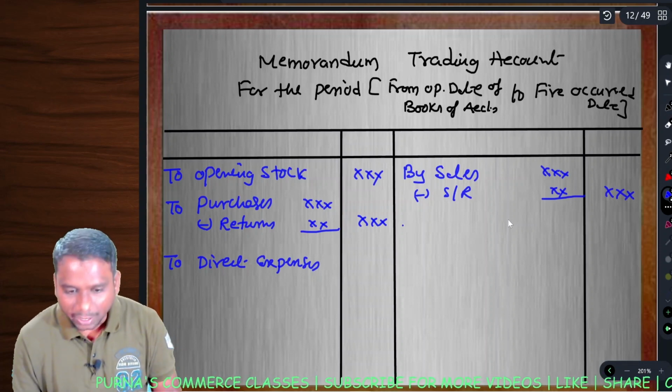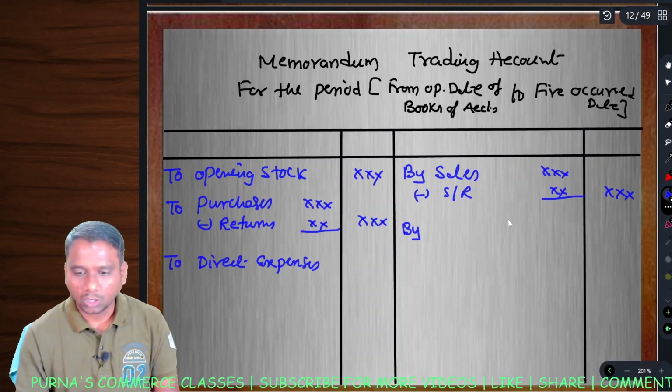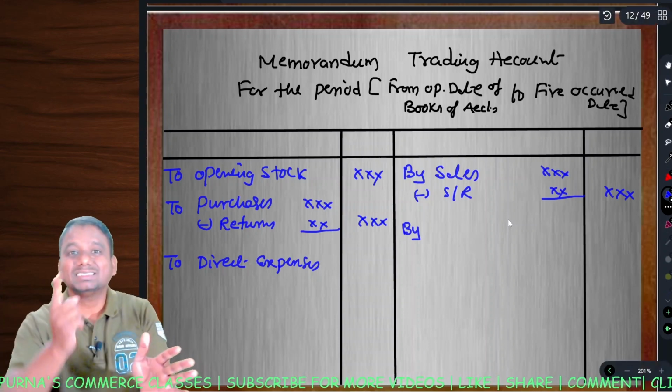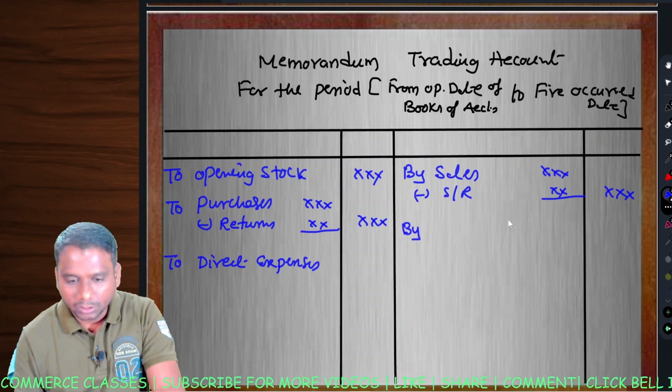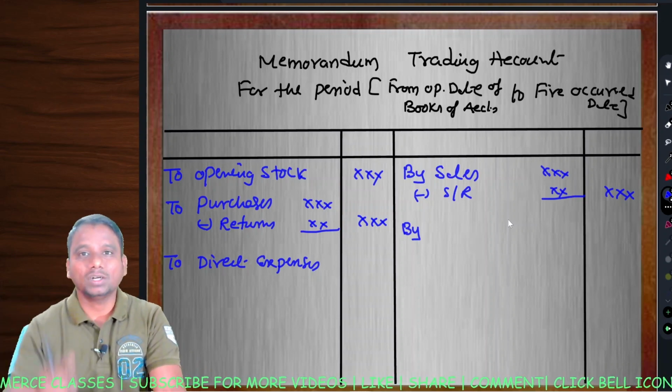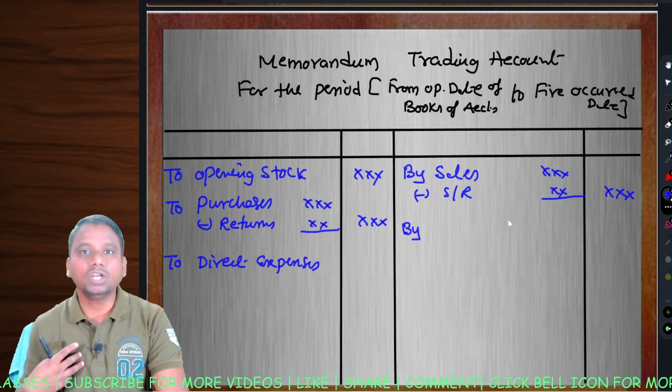Clear, everybody? And sometimes out of these goods, we may send goods on sale or return basis also. If you remember, at the end of the year, whatever goods are lying with customers, those goods also belong to us.